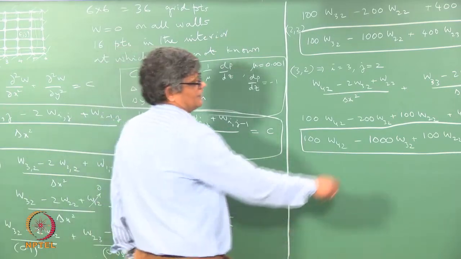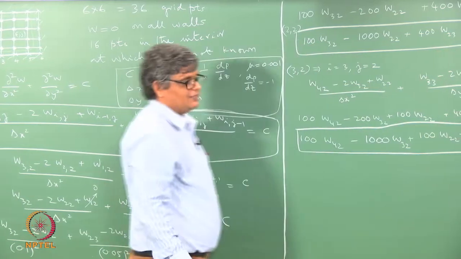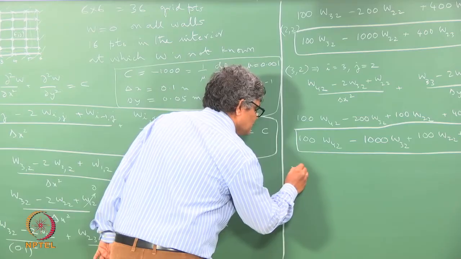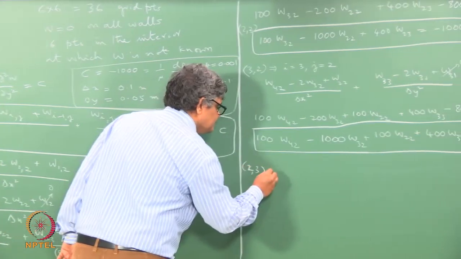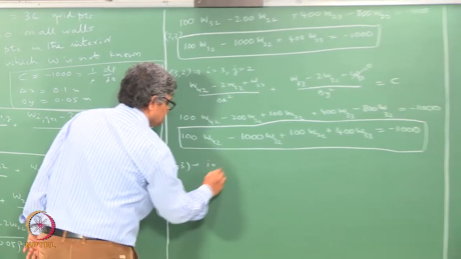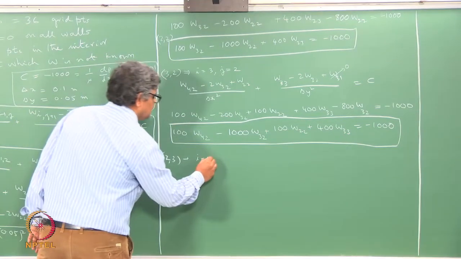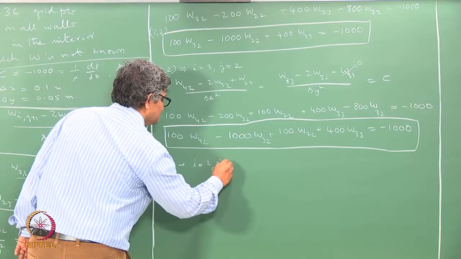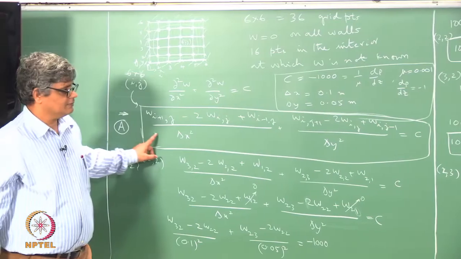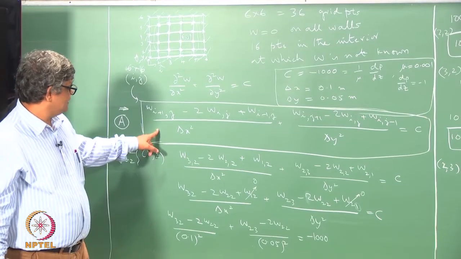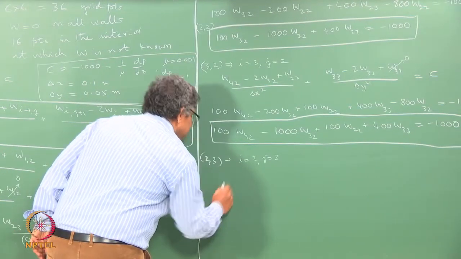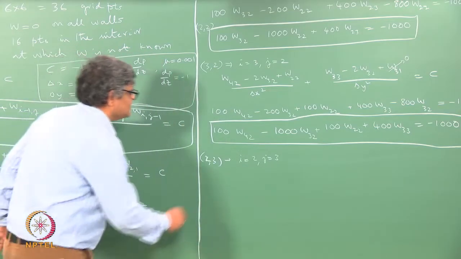So, let us, for the sake of illustration, try to write an equation for W23, which means that i equal to 2 and j equal to 3. So, if you substitute again in this, and okay, so let us just substitute.